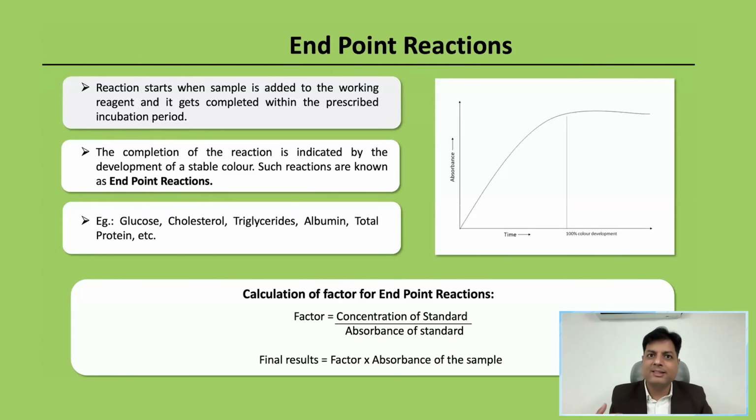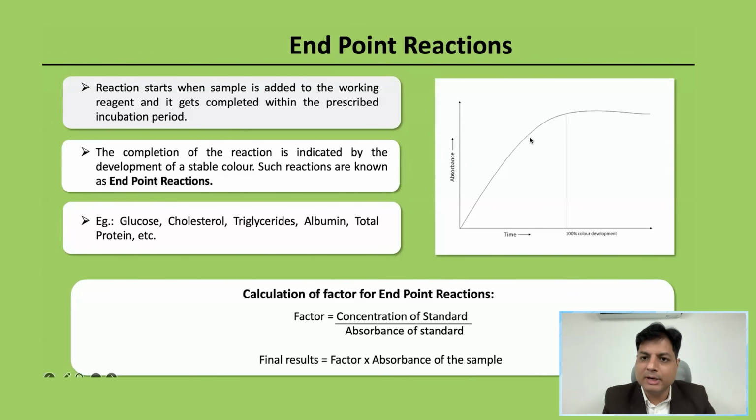And we will falsely think that the patient is suffering from the disease. But on the contrary, the patient is perfectly healthy. We have not allowed the reaction to get completed. So endpoint reaction means the point at which we are taking the absorbance is only after the reaction is complete, or at the end of the reaction.